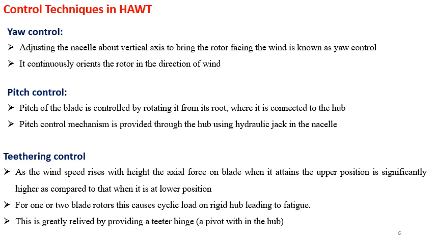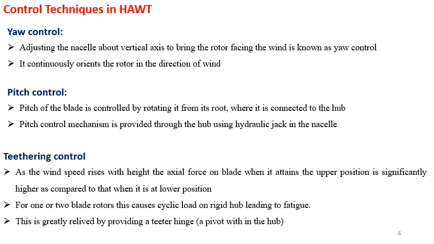The variation of the generated power with the wind speed is controlled, and this variation is without any control of the rotation rate of the turbine, or we can say turbine speed.